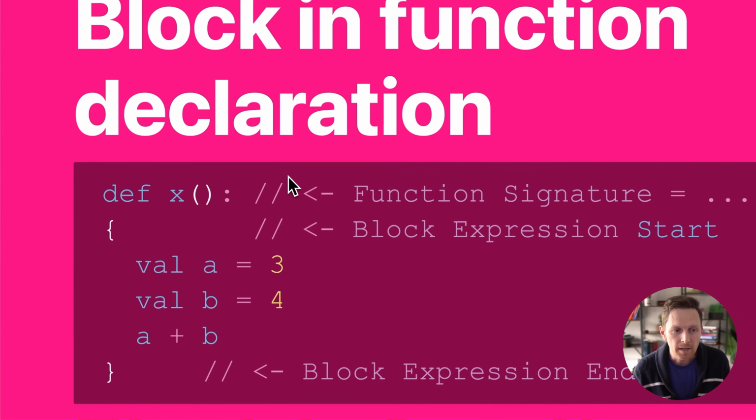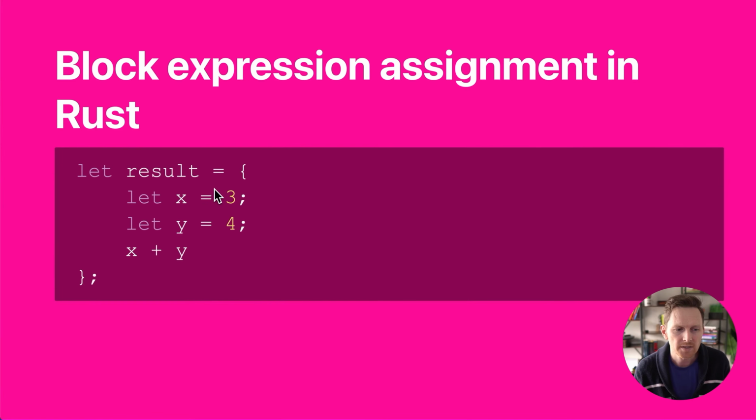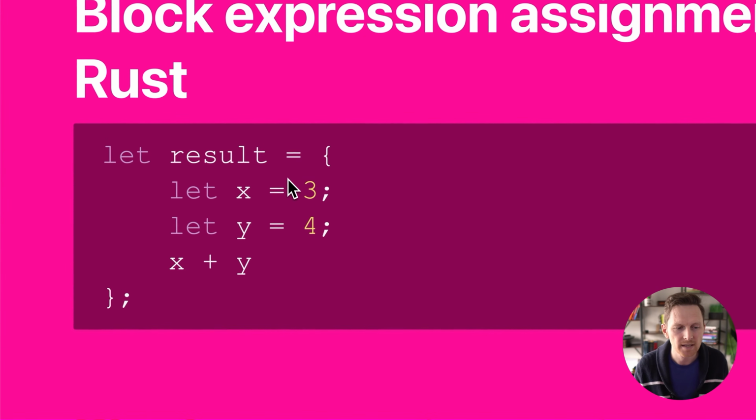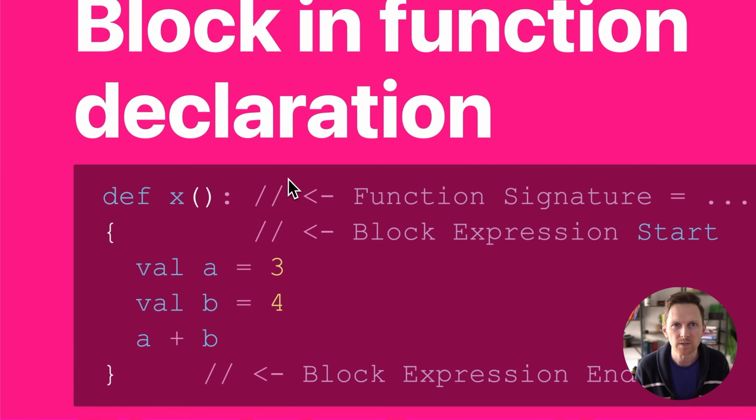So we can do the same in other languages, right? Here's Rust. So here we're doing a block expression in Rust. Same exact thing, except we need some semicolons and we use some lets. Once you think about this idea that a block can also be an expression, then a function declaration, to me, starts to feel like you're just assigning an expression to a function signature.